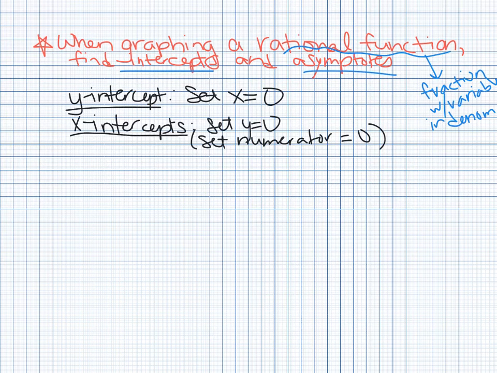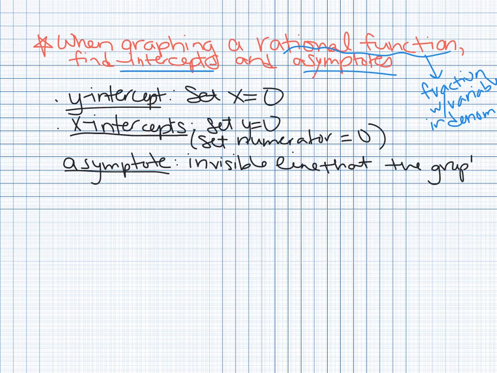The next two things that we need are our asymptotes. So an asymptote, just a little definition here. You might remember this. It's an invisible line that the graph gets closer and closer to but never touches. So we have two types of asymptotes.